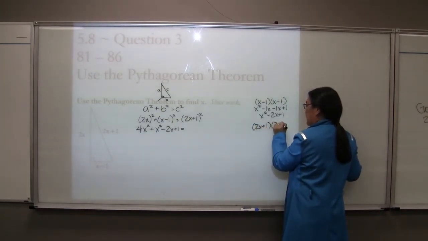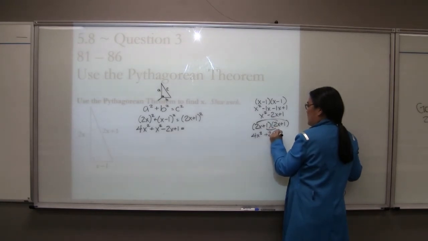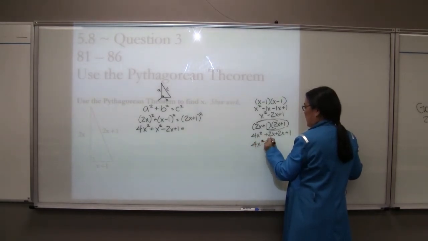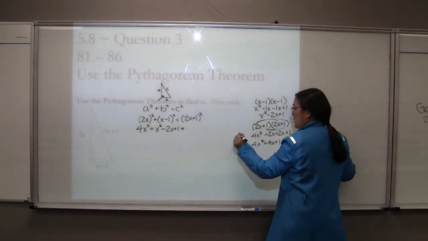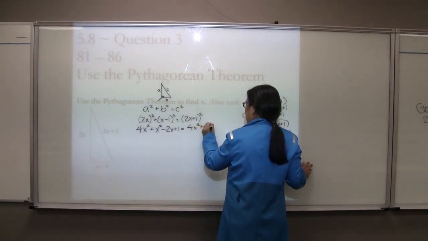We're going to write it out twice. Hey, this first one is 4x squared plus 2x plus 2x plus 1. 4x squared plus 4x plus 1. 4x squared plus 4x plus 1.